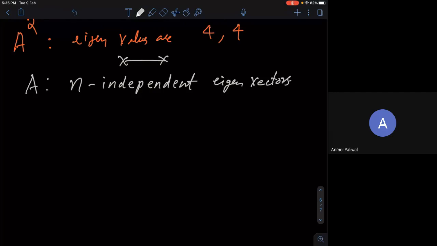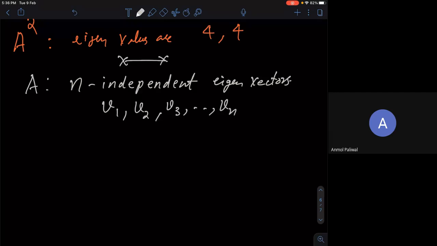So A has n independent eigenvectors, and here is something you can do with this. Let me write down my n independent eigenvectors, which I denote by V1, V2, V3 up to Vn.